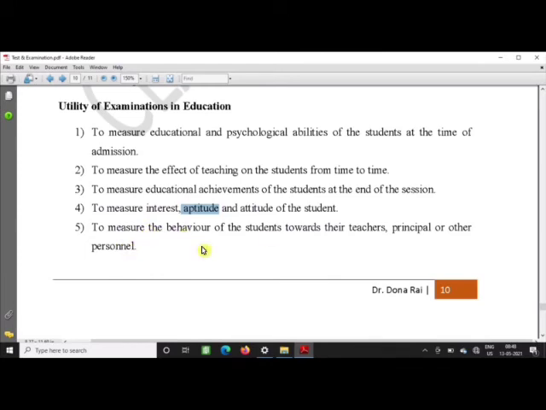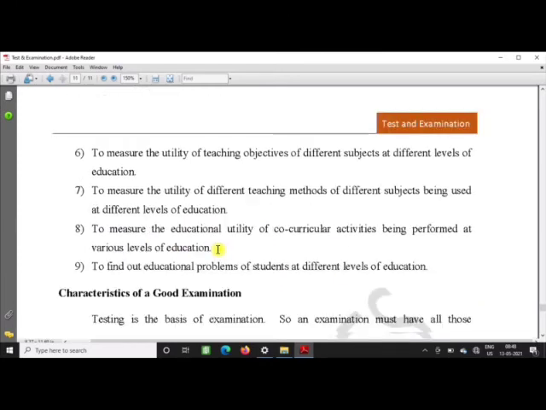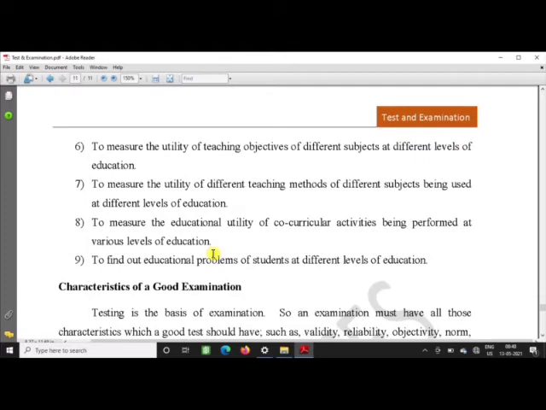Measure the behavior of the students towards their teacher, principal, and other personnel. This is also done. Utility of teaching objectives of different subjects. Every subject has its objectives, and whether these objectives are being fulfilled or not can also be examined.